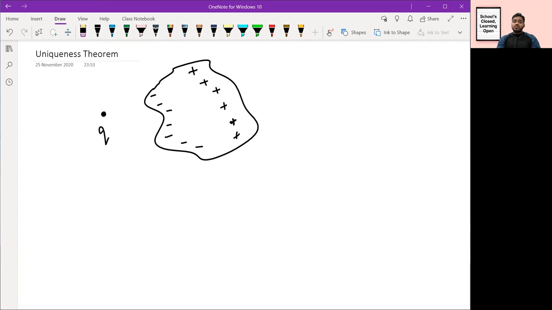Now if it is non-uniform, there's no way that we are going to find out what the charge density is going to be, but still we have to find out electric field and potential at some point p. To find that out, it is entirely possible we use method of images. To describe method of images, we need uniqueness theorem. So let's get started with the uniqueness theorem.